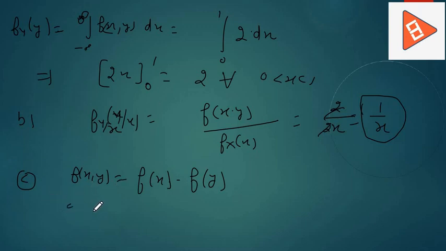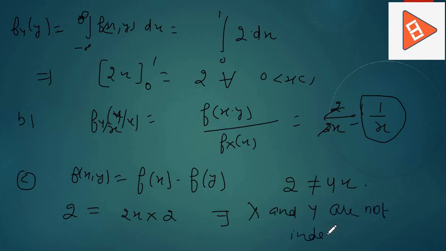So f of xy was 2, which should equal f of x, which was 2x, into f of y, which was 2, which implies that 2 is not equal to 4x. So we cannot say this. We can say that x and y are not independent.